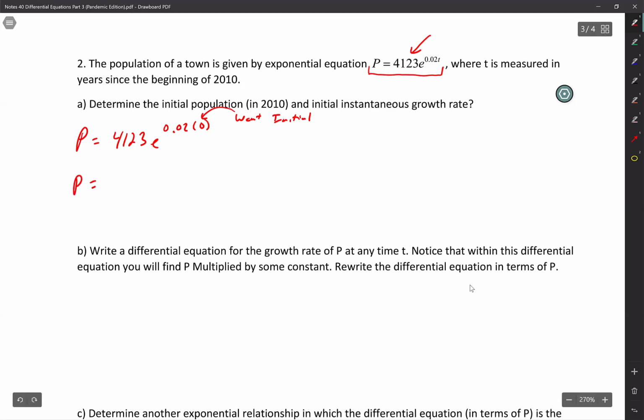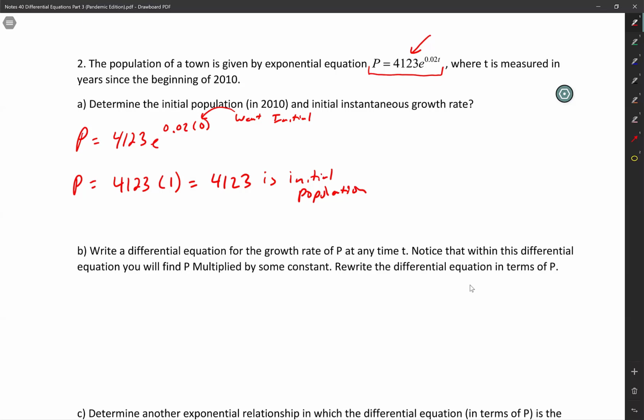Anything raised to the 0 is 1. So I have 4123 times 1. So 4123 is the initial population. This is just algebra. If you had algebra already, you would know that the constant in front is your initial. No big deal.